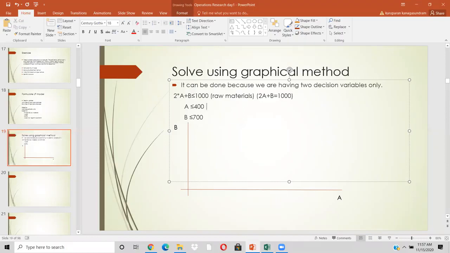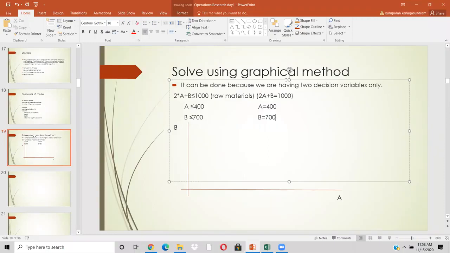Similarly, a equal to 400, and for b it's equal to 700. In your O level you drew these lines: 2a plus b is equal to 1000, with b like y and a like x, so 2x plus y is equal to 1000, y is equal to mx plus c, something like that.